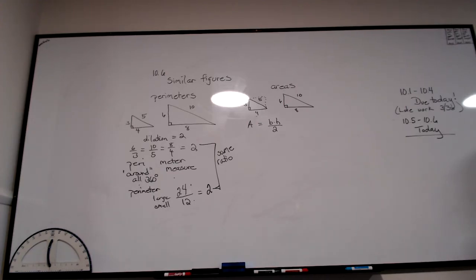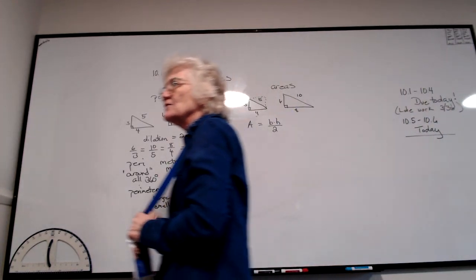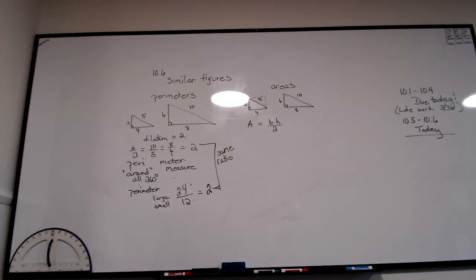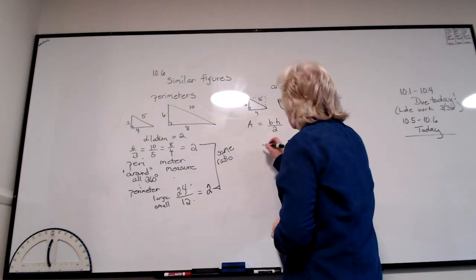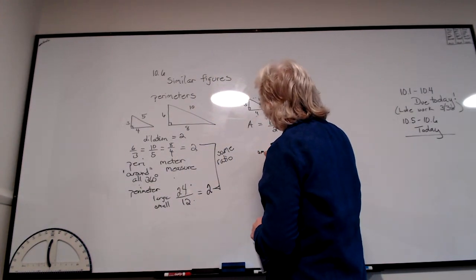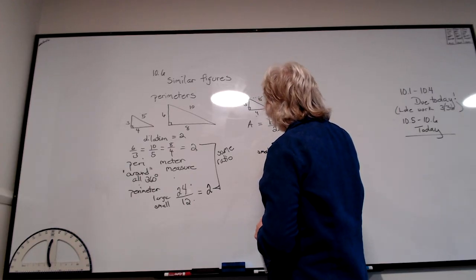We don't have any units, so we just call it square units. So what is the area of the first one? Luke, what's the area of the first one? The area of the first one is 6. So the small triangle, the area is 6.